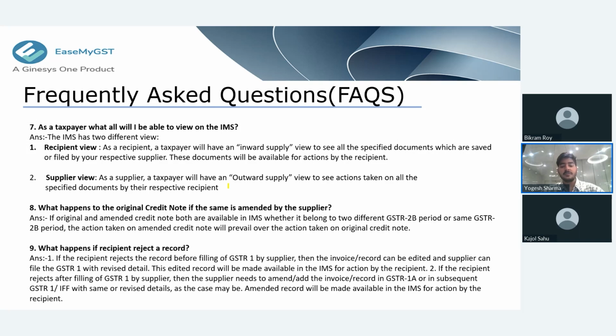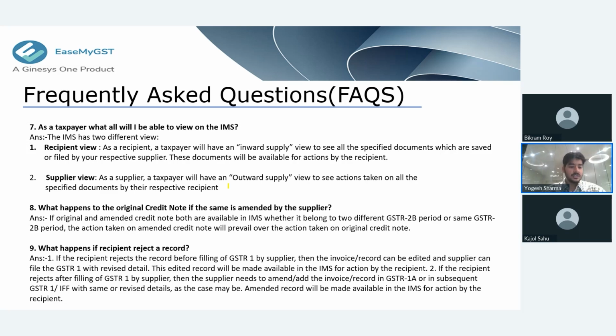These documents will be available for actions by the recipients. And then in second, supplier view, as a supplier, a taxpayer will have an outward supply view to see actions taken on all the specified documents by their respective recipient. So these are the views that you will get on the government portal or in IMS.